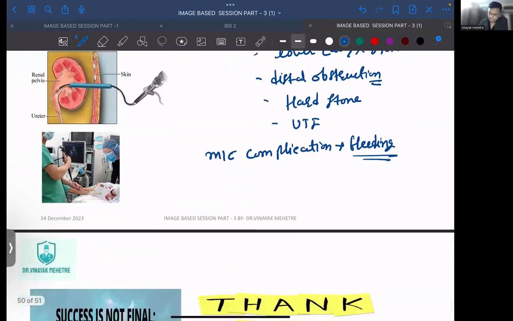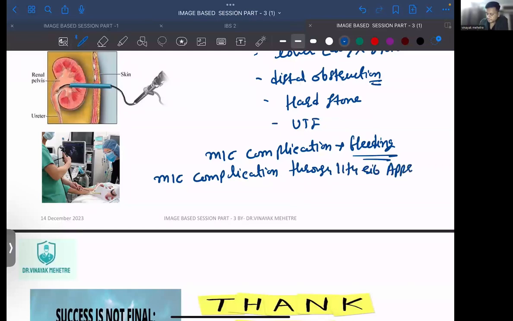Question will change. Most common complication through 11th rib approach. What do you think? 11th rib. Hydropneumothorax.